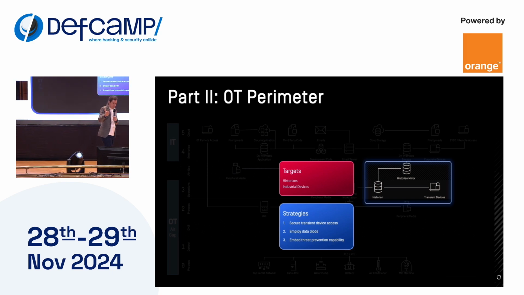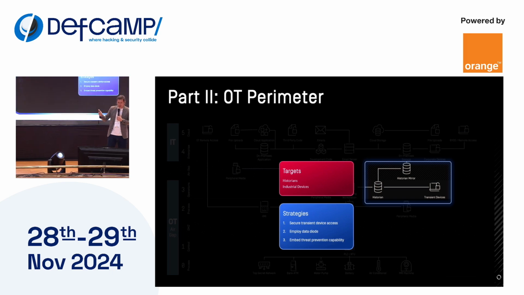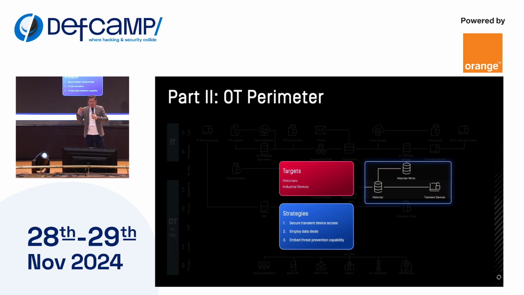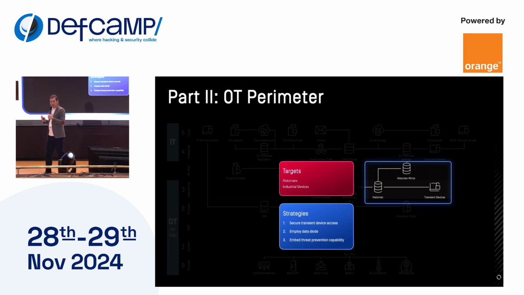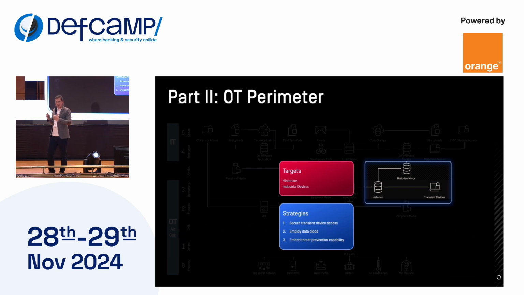So we need to secure the transient devices, again, devices that leave that network, and use data diodes. If you know what an electrical diode is, there are diodes for data that use the same concept and approach. It's allowing the data to flow only in one direction.